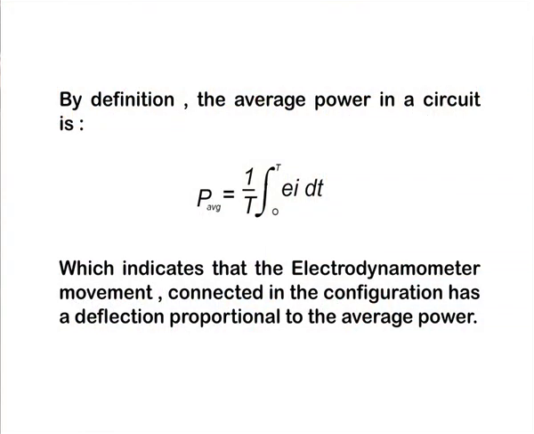By definition, average power, meaning the power in a cycle, is 1 upon T integral 0 to T E I dt. So, we find that the average power is indicated by the deflection of the pointer, which indicates that the electrodynamometer movement connected in this configuration has a deflection proportional to the average power.